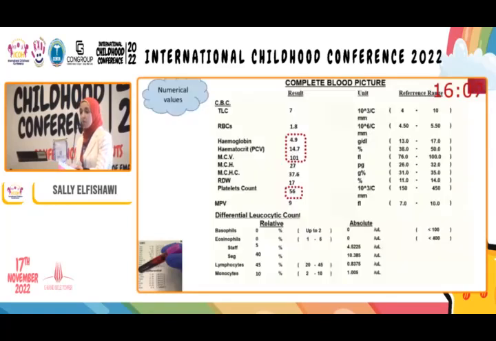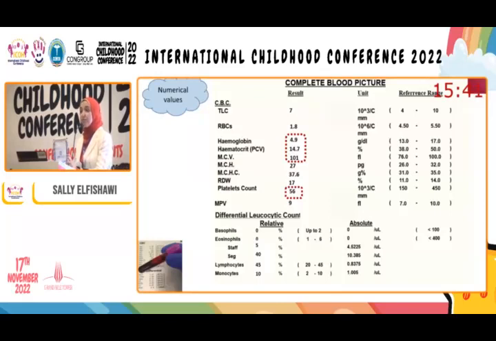Let's look together at the CBC. I will remind you of our algorithm: we will look at the 3 lineages. The TLC is normal. The hemoglobin is dramatically decreased, it is 4.9, and the MCV is 101. As for the platelets, there is moderate thrombocytopenia. Now we looked at the numerical values.